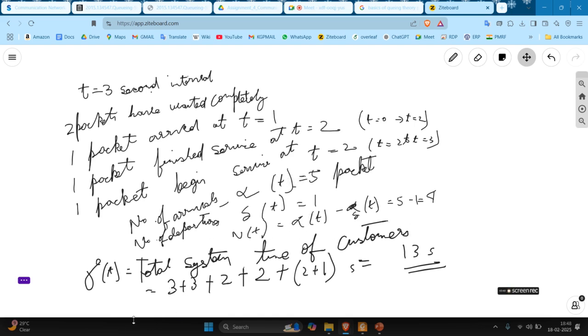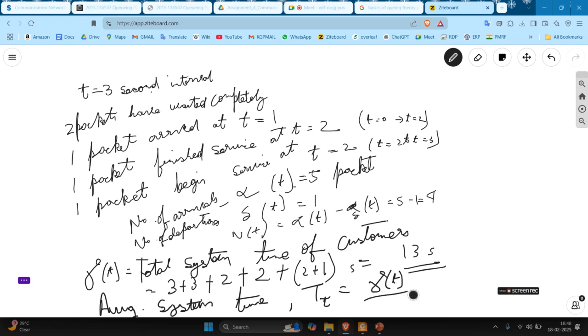So average system time, capital T(t), is equal to gamma(t) by n(t). So gamma(t) by n(t) here is 13 by 4. 3.125. Sorry, 3.25.